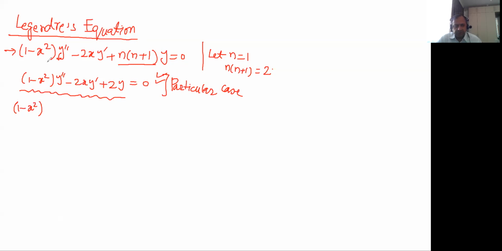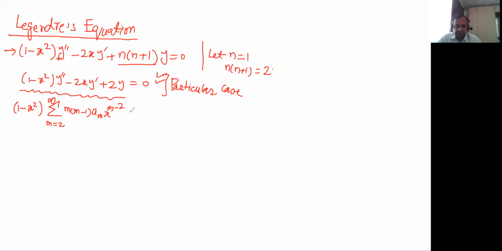If you want to solve it, we have to write it in the sigma notation. So in this equation, the first term is the sum from m equal to 2 to infinity of m into (m minus 1) a_m x to the power m minus 2, like we did before.